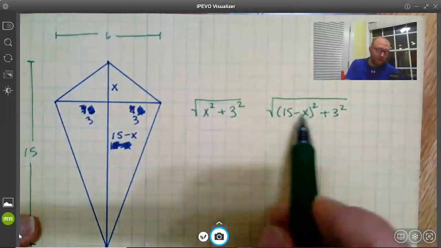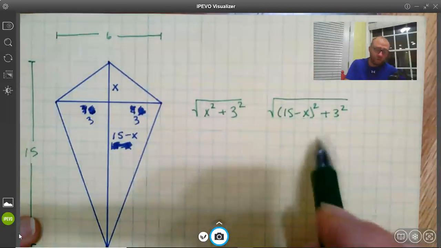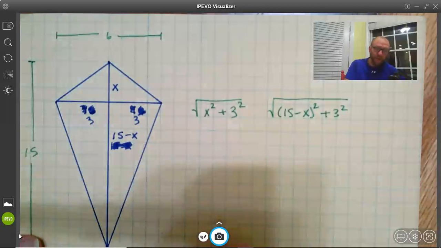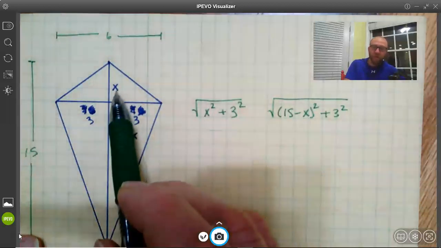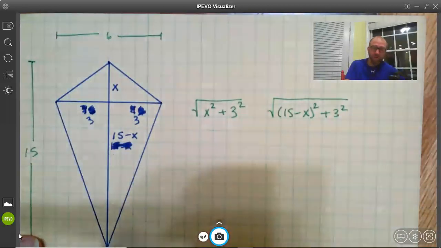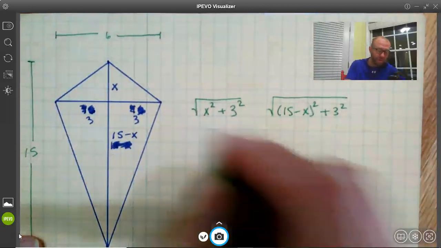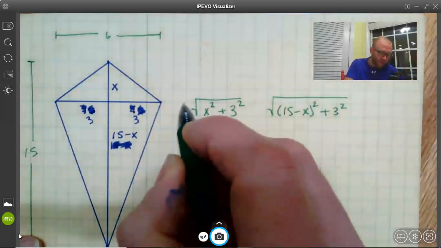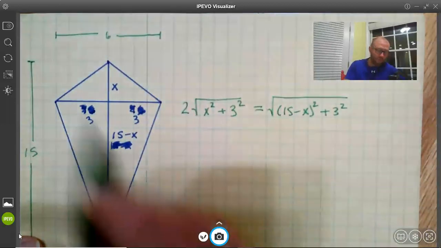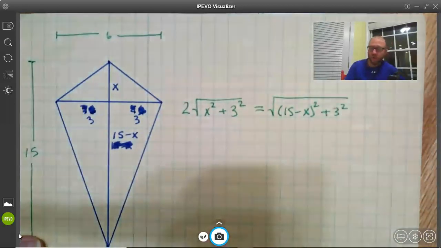So now, if I fill out this little formula, I would be calculating the length of this side here for different values of x up here. As I make x longer, 15 minus x gets shorter, and so I suppose this length also gets a little bit shorter. So we're looking for when it takes 2 of the short lengths to equal one of the long ones.